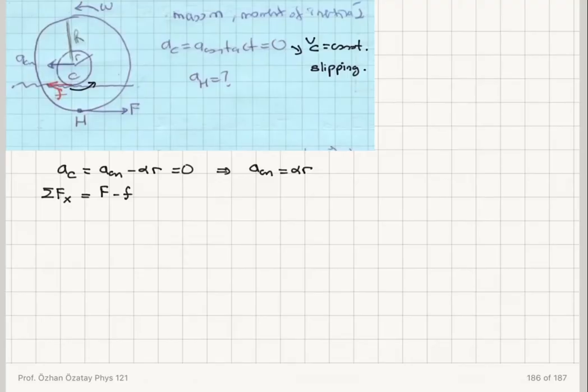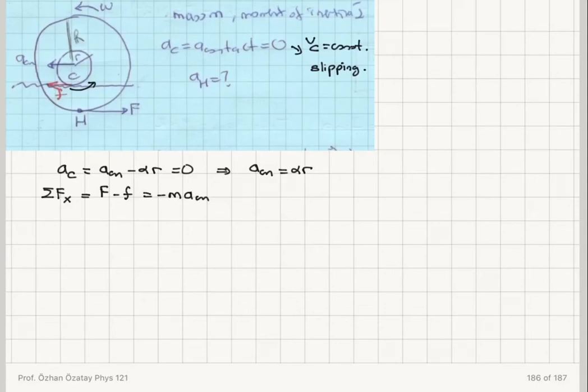Then I would have the contact velocity to the left, and the force of friction would be to the right. If it is in the other direction, then it would be the opposite force of friction. Okay, so I'm taking the force of friction to the left. And let's see what happens.